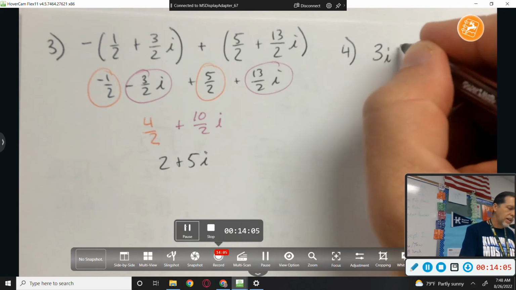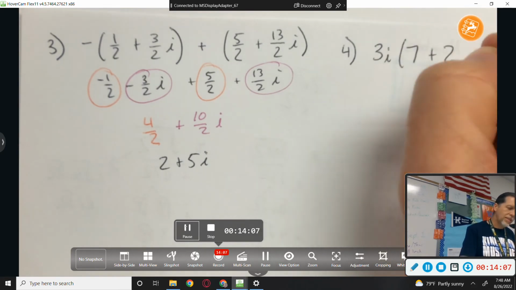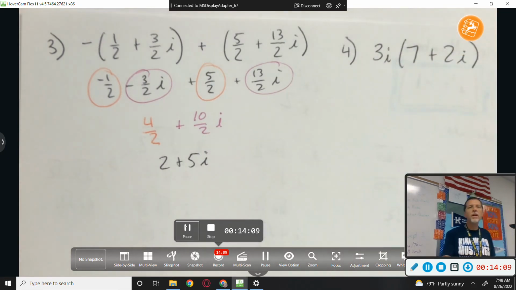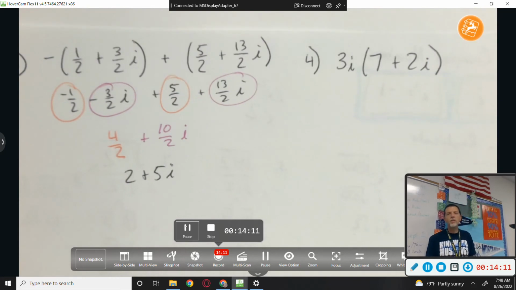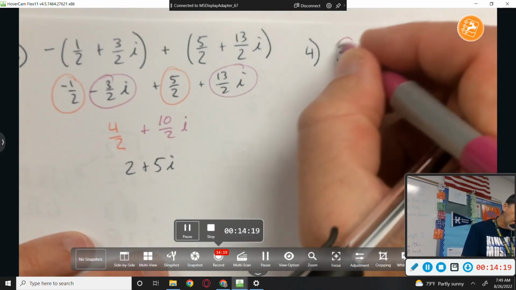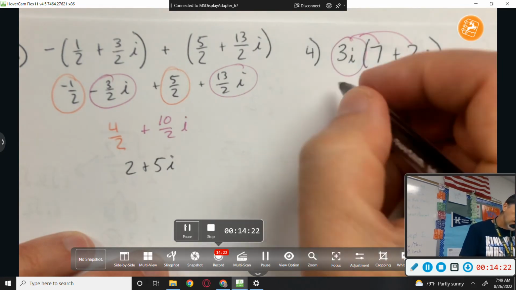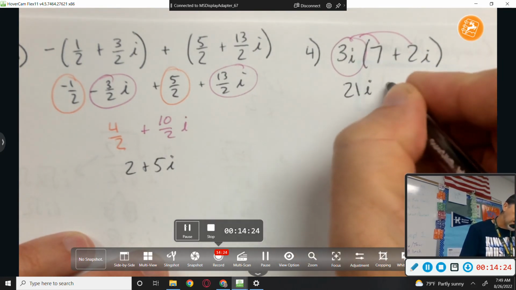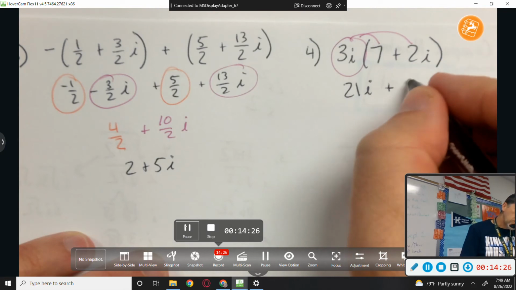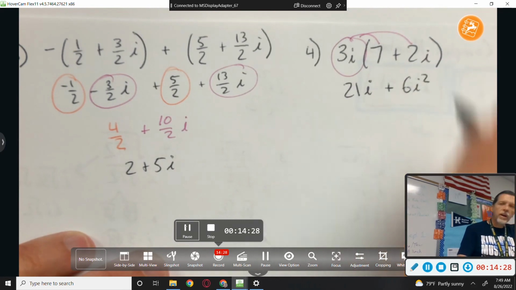Alright, let's switch to some more stuff with i's that make things a little bit harder. 3i times 7 plus 2i. Well, let's distribute the 3i. So 21i. 3i times 2i would be 6i squared.